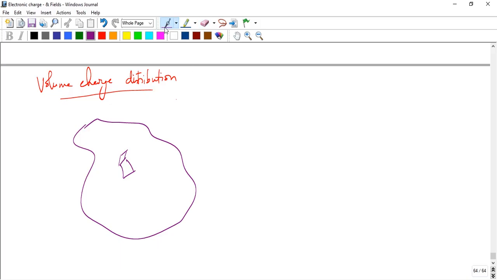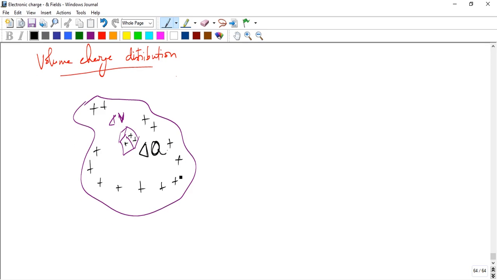A small amount of volume, delta V, is enclosed by all positive charge. So delta V encloses some delta Q amount of charge.